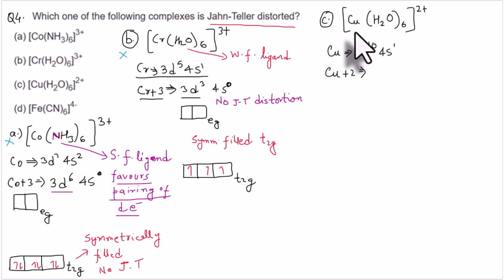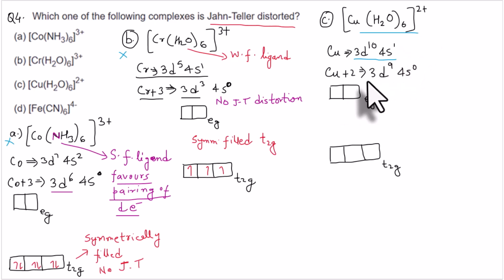Now coming to option C, [Cu(H2O)6]2+. Copper in the ground state has 3d10 4s1 valence electronic configuration, and in the +2 state the valence electronic configuration has 3d9 electrons. So 9 electrons in the d orbitals.